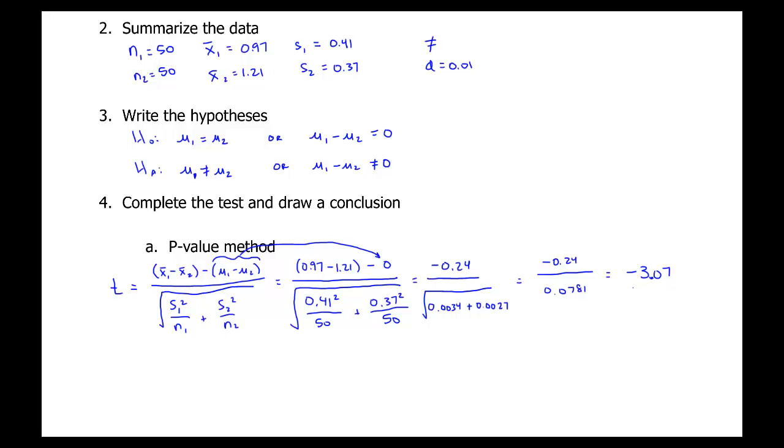What you would do to get a p-value is then use the t-table. In the t-table, all the values of t are positive, so we're going to do the absolute value of this and use t equals 3.07. And the other thing you need in order to look up p-values in the t-table is degrees of freedom.